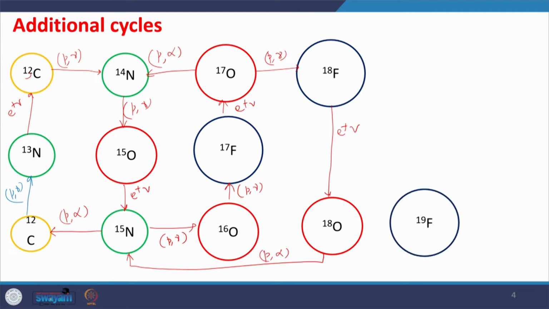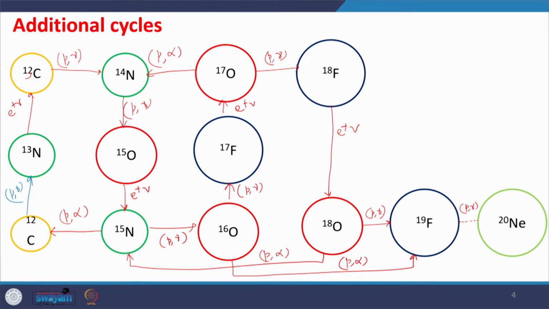Not only that, this oxygen 16 can also produce fluorine 19 via a P alpha reaction. Even oxygen 18 can produce fluorine 19 via a P gamma reaction, and by forming neon 20, this cycle will end.